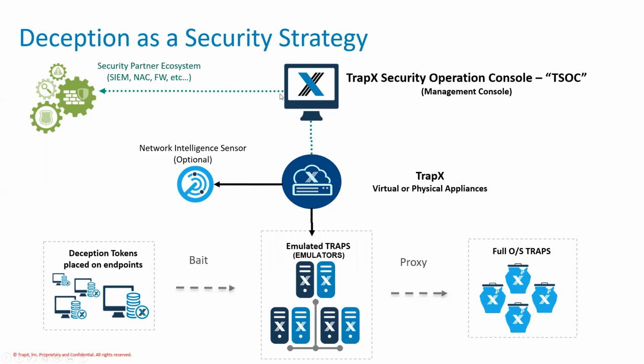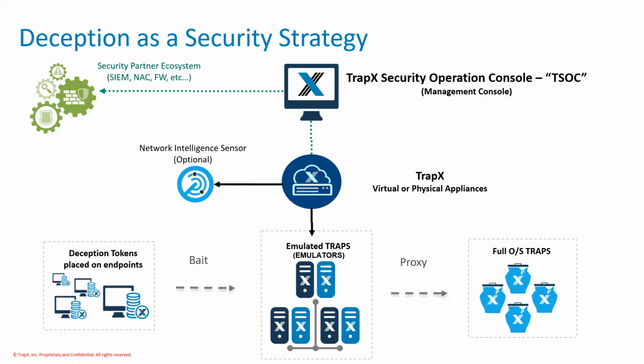Again, straightforward to do. One final note to mention here is that every appliance, whether it's physical or virtual, can plug into a network tap or span port at the egress of a network, and we can actually record outbound traffic on that sensor. So that's the architecture. The system is very scalable and it is very easy to deploy.